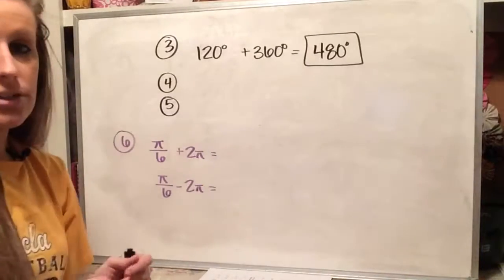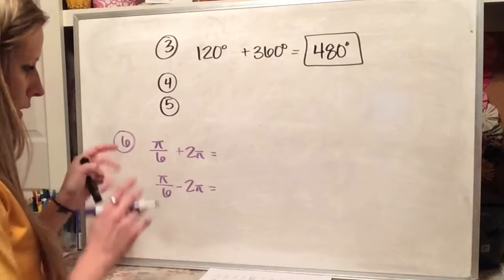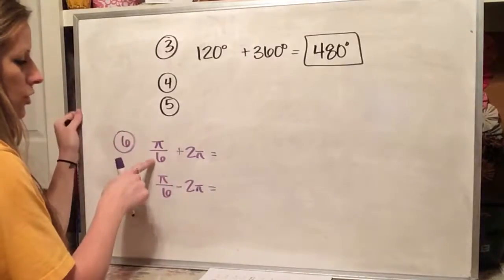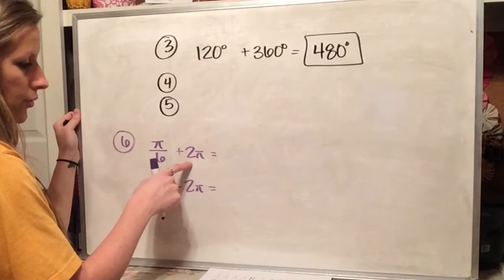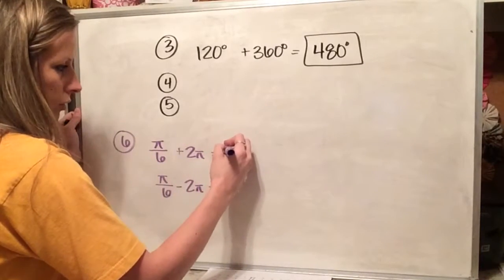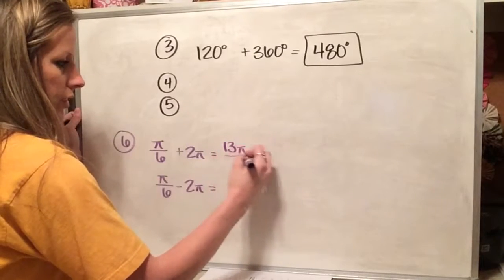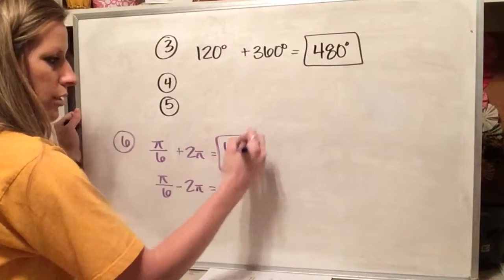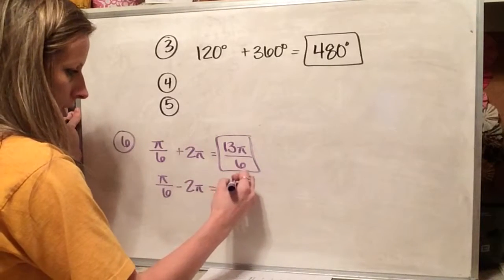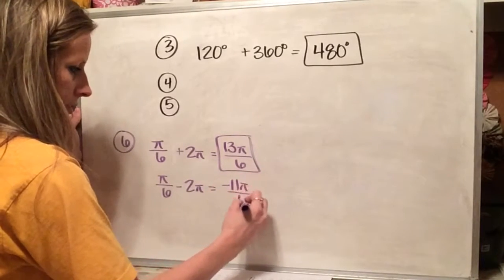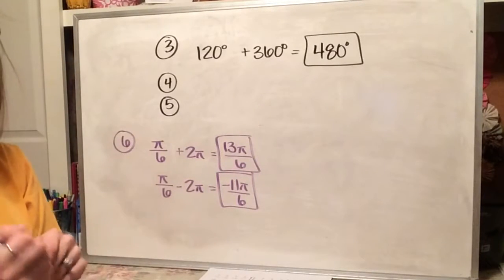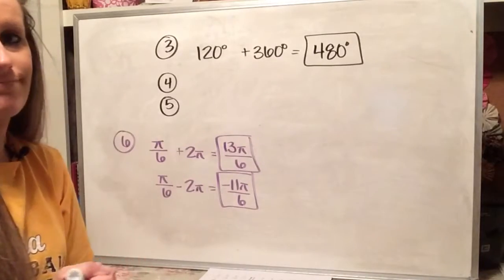And let's leave our answers in terms of pi. So whenever you put this in your calculator, don't worry about the pi, just do 1/6 plus 2. Okay, so 1/6 plus 2 will come out with 13/6. That would be a coterminal angle. Okay, if I subtract 2 pi, I'll end up with -11 pi/6.